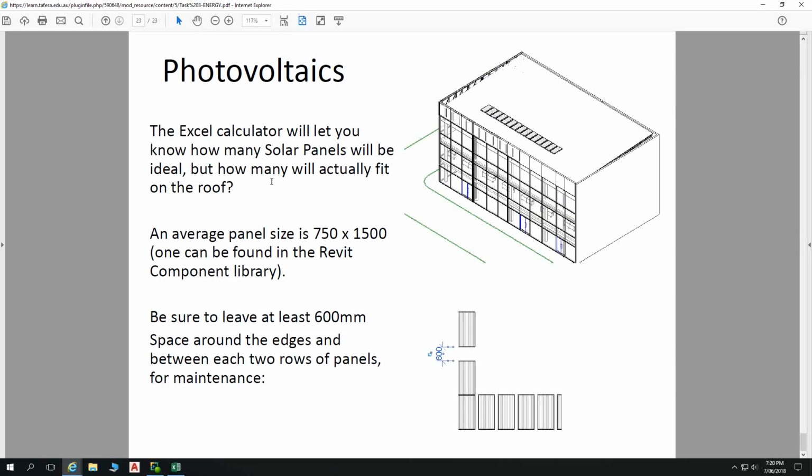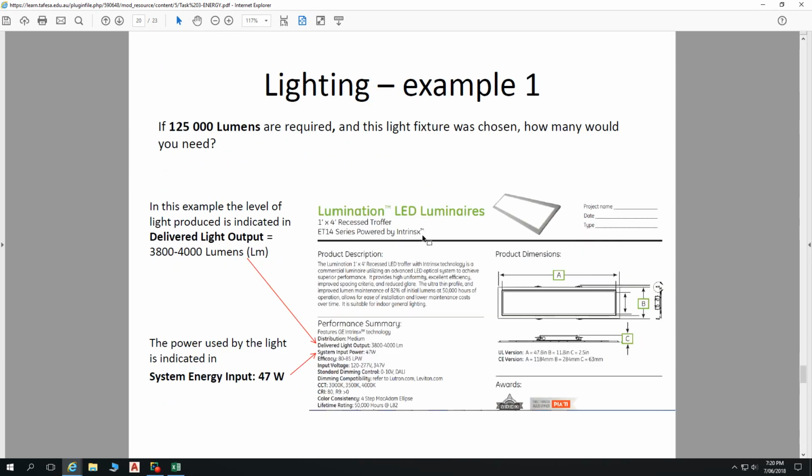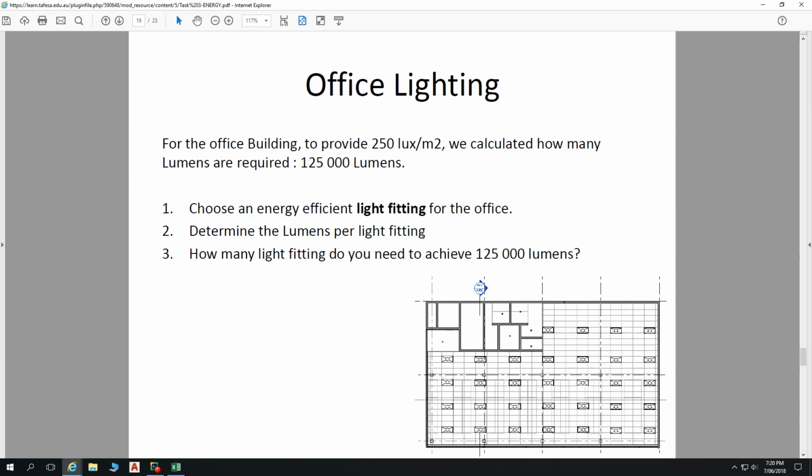We're going to have to determine our number of solar panels, our amenities lighting, and then they're all in here. There's not a list of questions like the other slide shows. No, there's not a list of questions. So they're embedded within that.